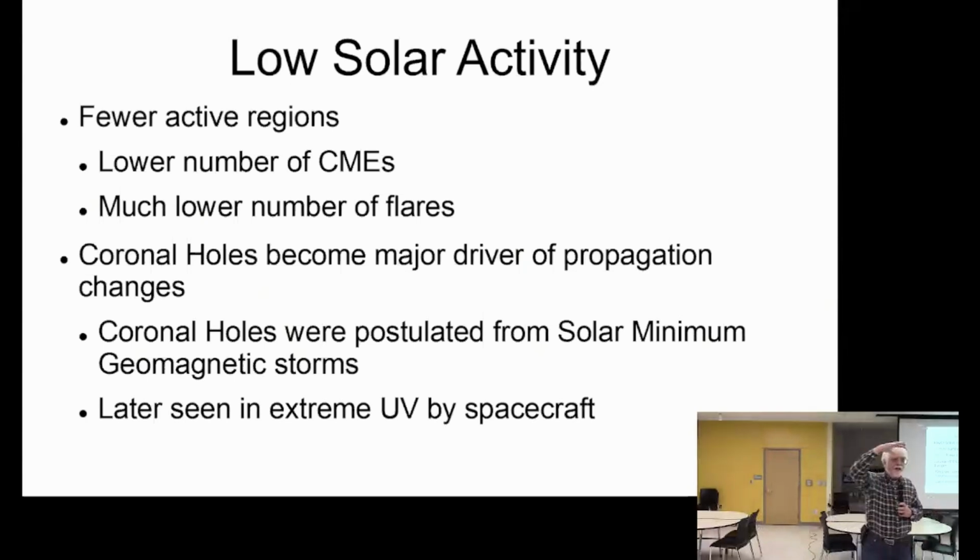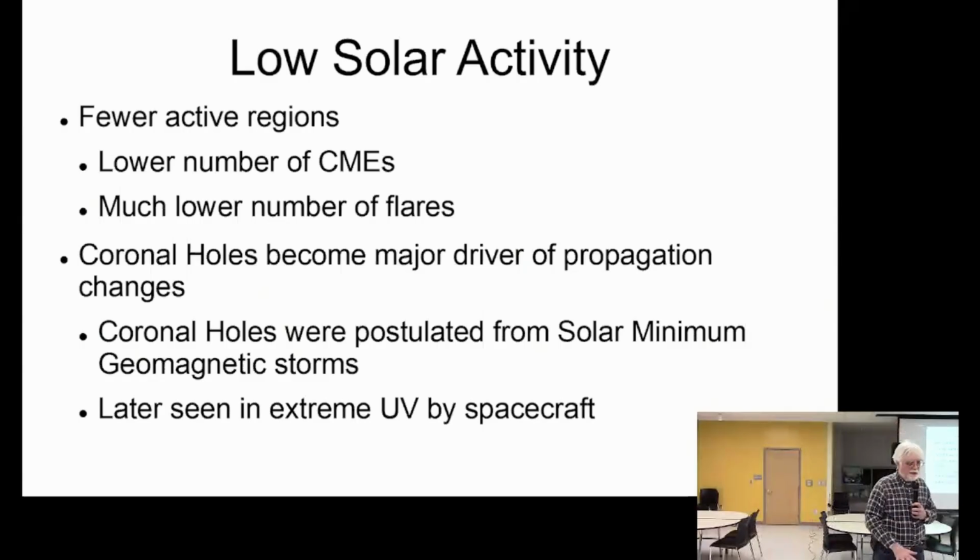The outer layer of the sun is called the corona. It's very hot, but it doesn't have much heat because there's not a whole lot of material there. But because it's hot, it's very hard for material from underneath to come up and go through it.